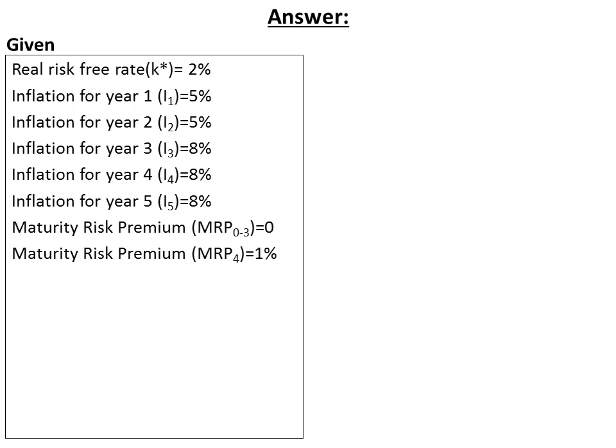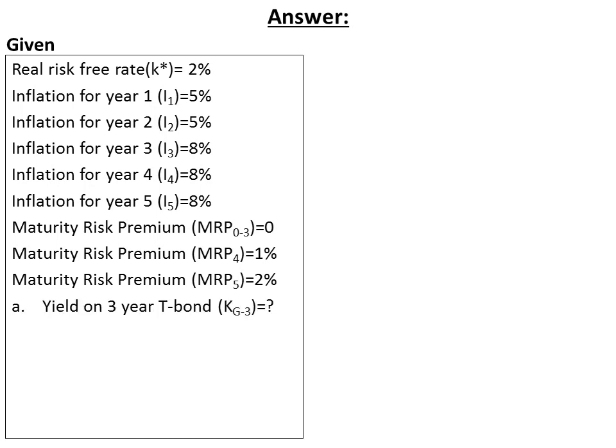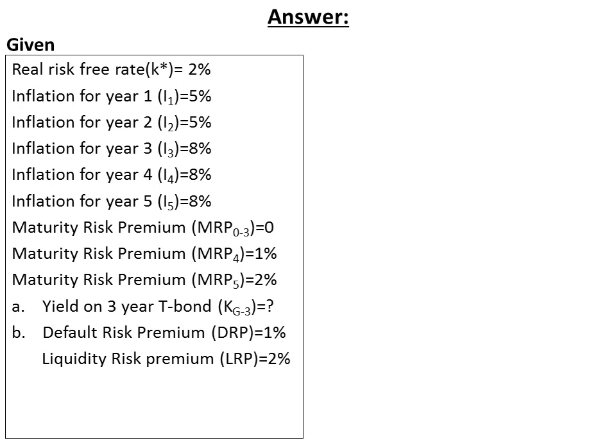And the maturity risk premium MRP for year 4 equals 1%, and MRP for year 5 equals 2% as per the question. A, the yield on a 3-year treasury bond KG3 equals what? Default risk premium DRP equals 1% and liquidity risk premium LRP equals 2%, and the yield on a 5-year BBB rated bond is KC5 equals what?